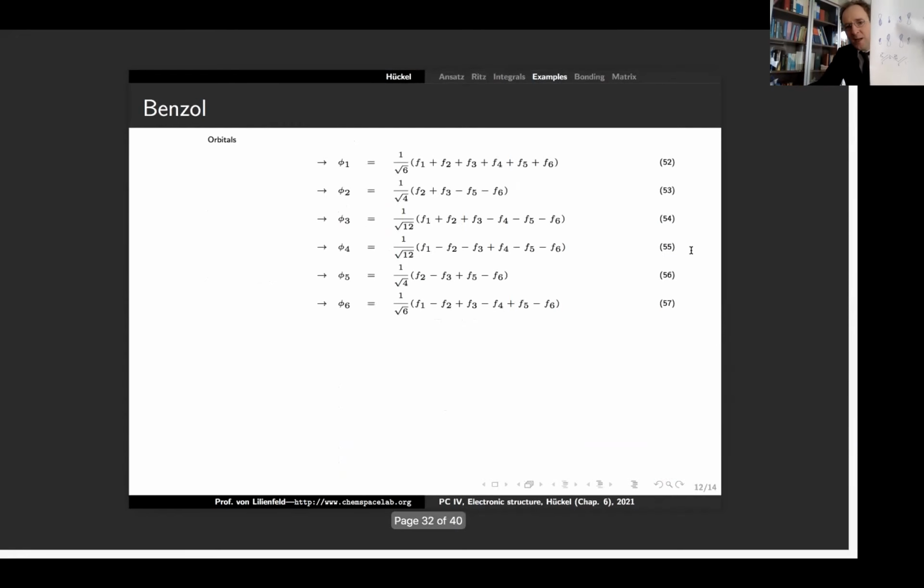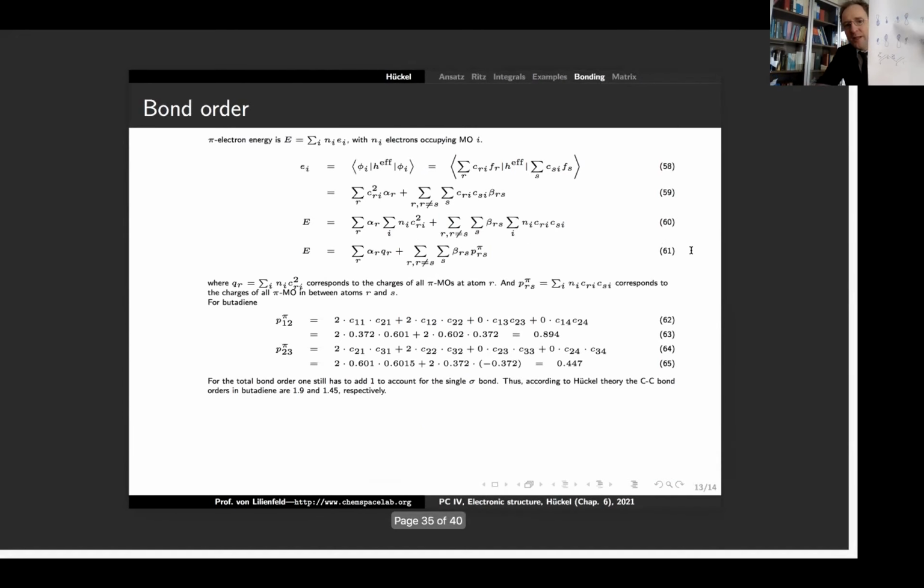And so if we go here, you see in equation 62, we're getting twice the coefficient of C11 and C21, right? And twice the coefficient of C12 and C22. So this is 0.3 times 0.601 and 0.602 times 0.372, right?